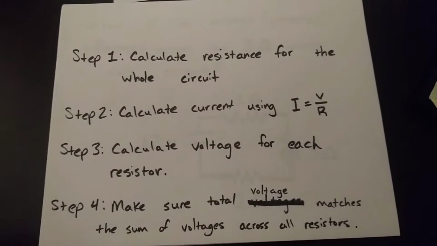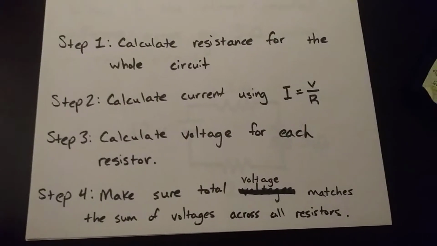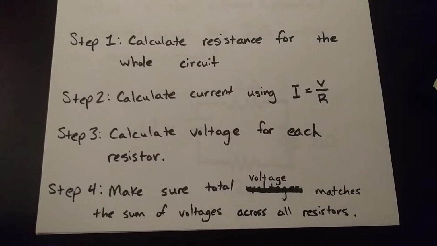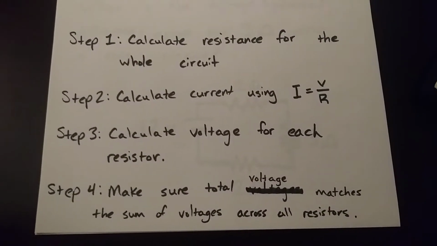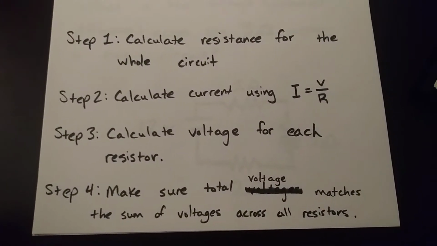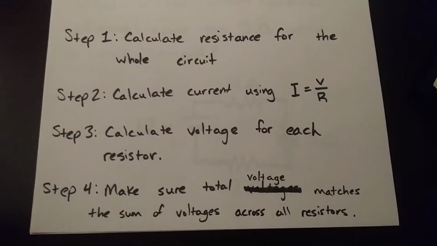Make sure you pause the video here and write down each of these steps. If you write this down and use it every time you do one of these calculations, you'll always get it right. So step 1, calculate resistance for the whole circuit. I'll show you how to do that. Step 2, you'll calculate the current of the entire circuit using what's called Ohm's law.